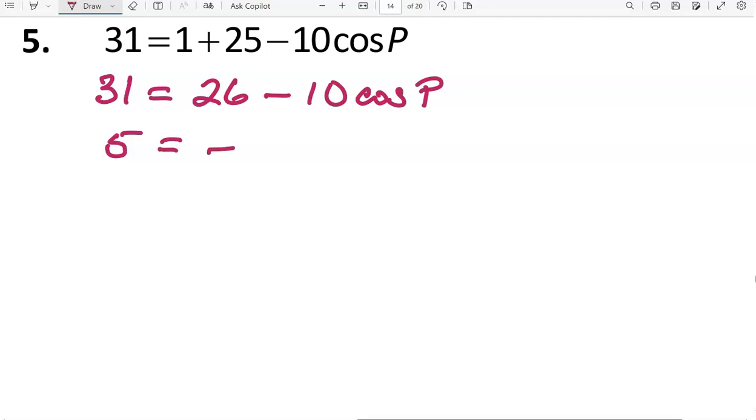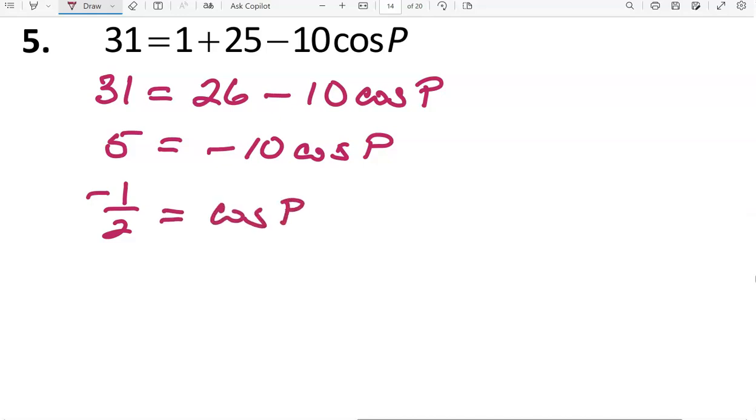That leaves us 5 equals negative 10 times the cosine of angle P. Let's divide through by negative 10. 5 divided by negative 10 is negative 1/2. So negative 1/2 equals the cosine of angle P.